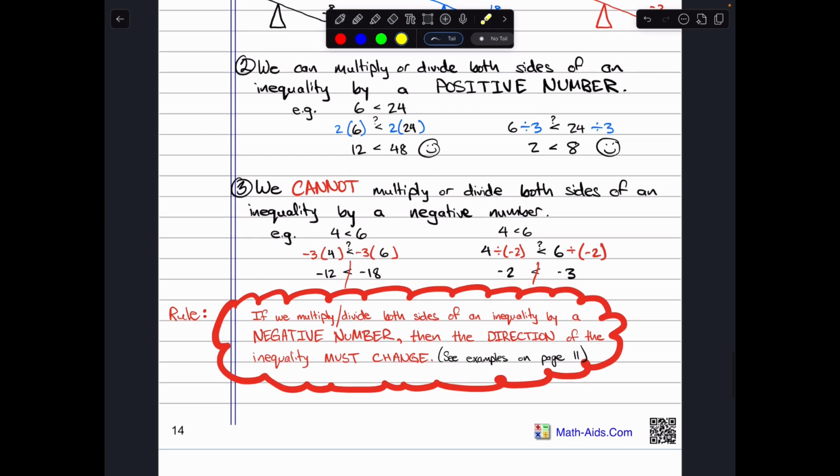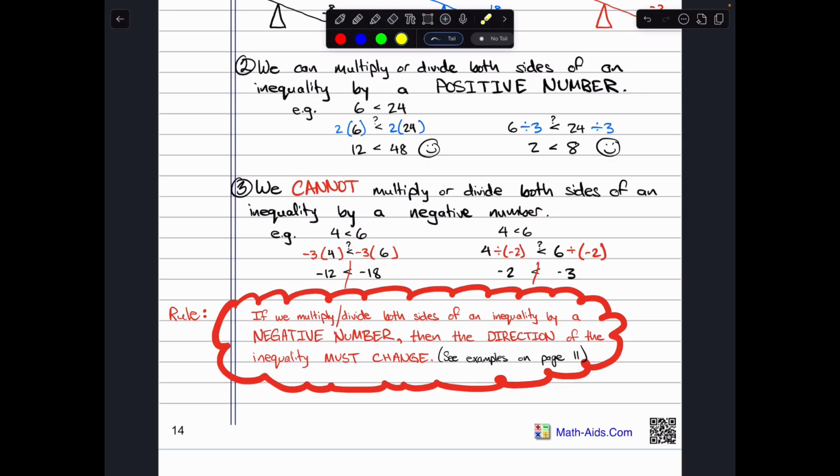But the big difference, this is not the same thing with equations like we did in the last video. We cannot multiply or divide both sides of an inequality by a negative number. That's going to mess things up. And here's the reason why. Again, this is not a proof, but here's an example of why we run into a problem. It is true that 4 is less than 6, right?